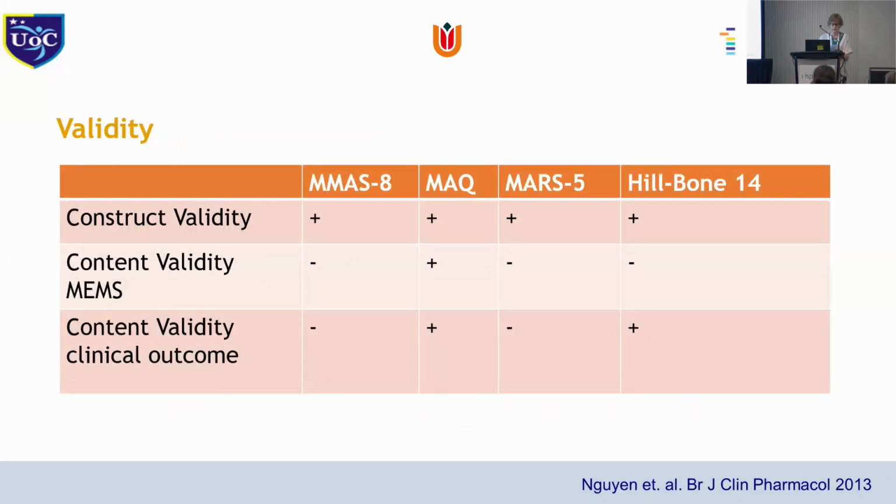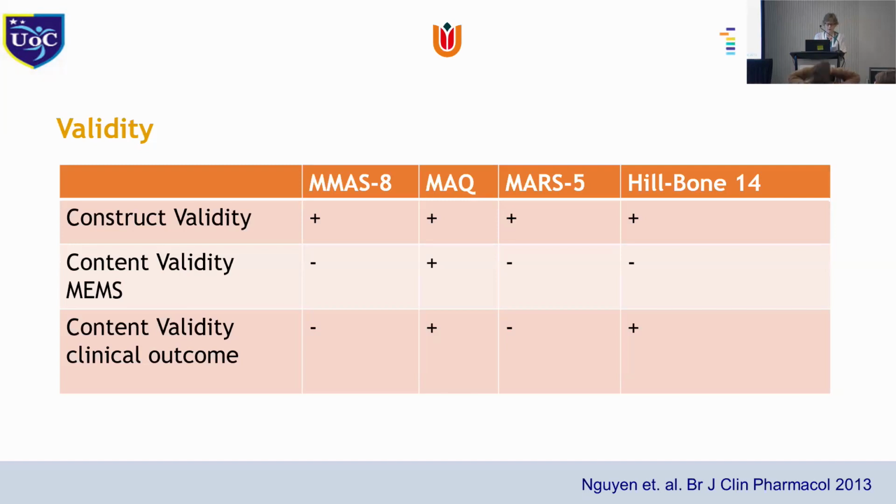And the construct validity concerns the involvement of an expert. Are these questions clear? And the criterion validity is a comparison with the gold standard.